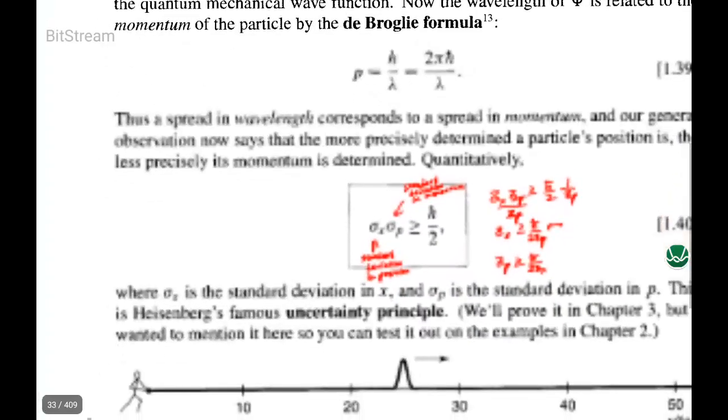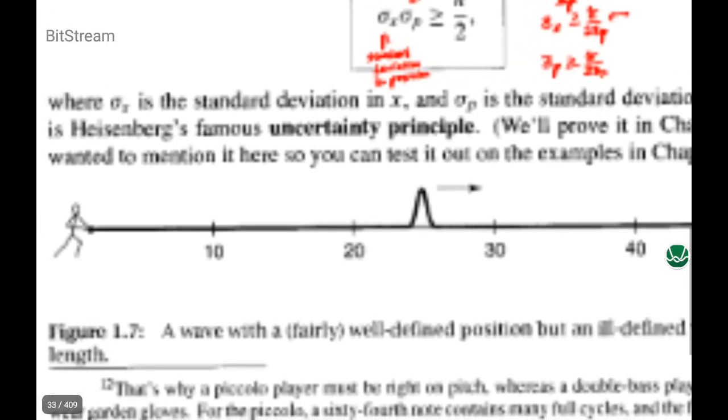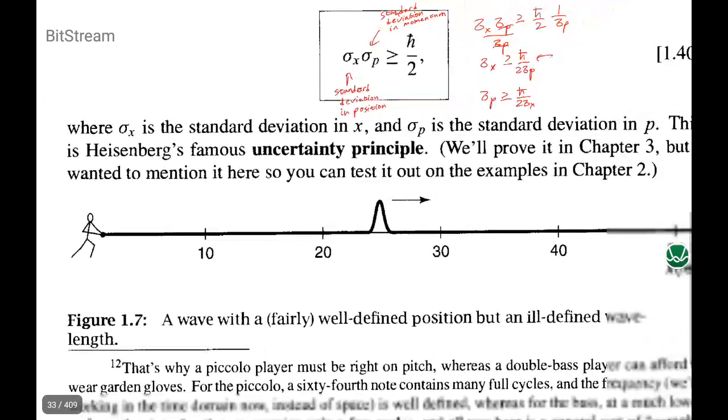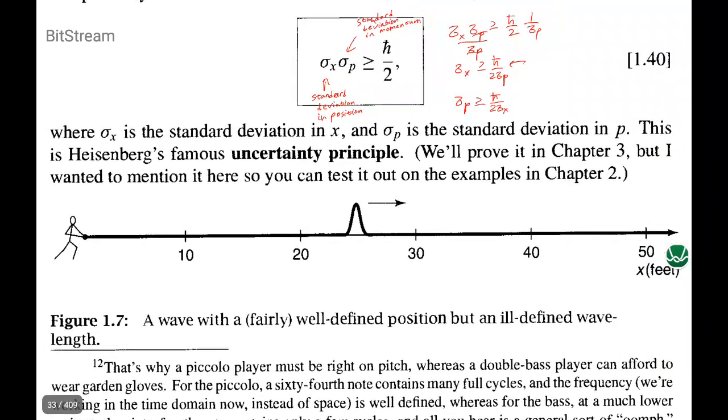We can contrast that to the idea of sending a pulse through a wave. In this case, I can make a very good measurement of where the wave is, but I only have one peak here, so I can't give you a very good idea of what the wavelength is.